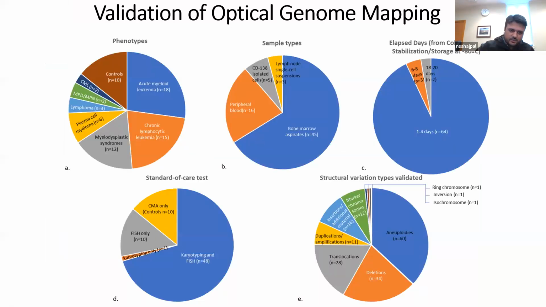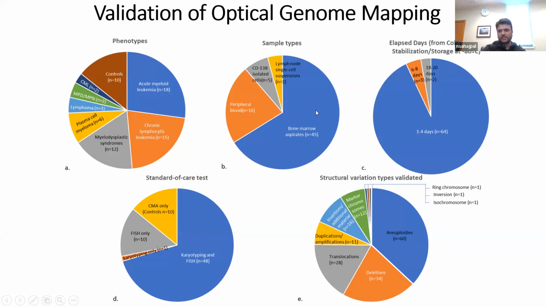Initially we did a validation in hematological malignancies, and what I want to point out is that we included different tumor types ranging from AML, CLL, MDS, plasma cell myeloma, lymphomas, and CML.